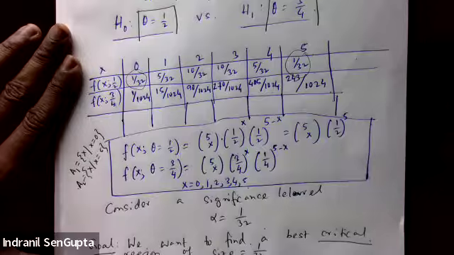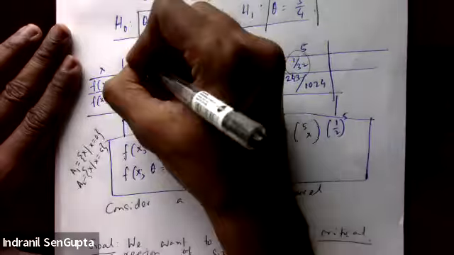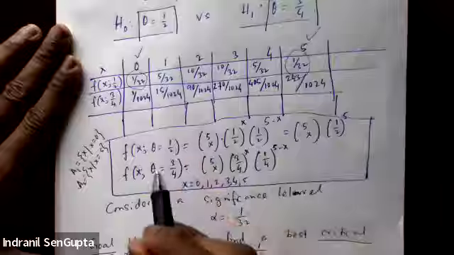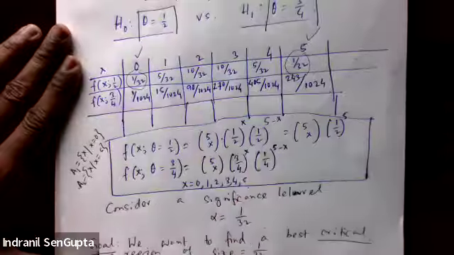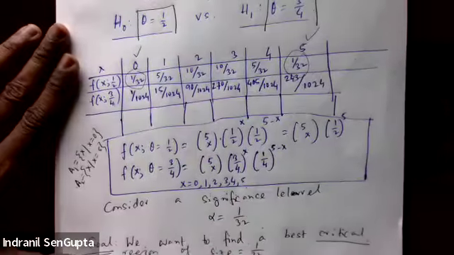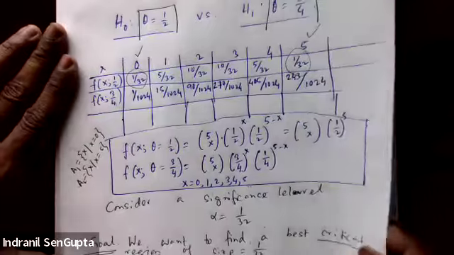So the question is, when can we reject the null hypothesis, when we get x equals 0 or x equals 5? They have the same type 1 error. Let's try to answer this question. We'll see that one will make much more sense than the other.